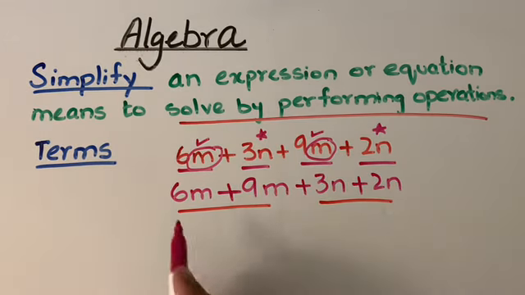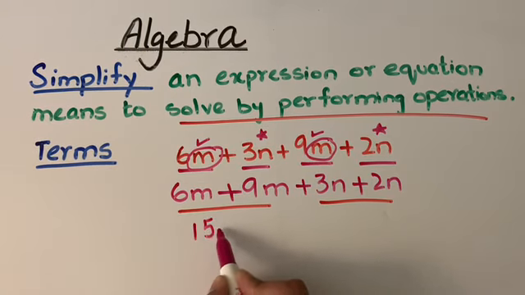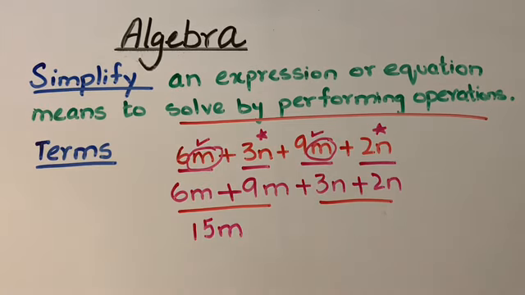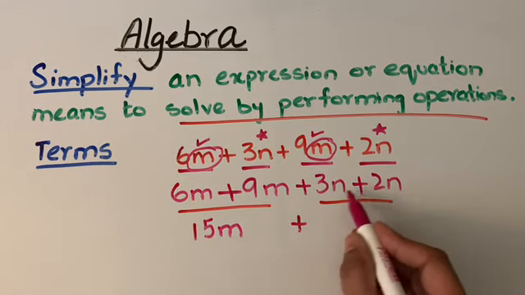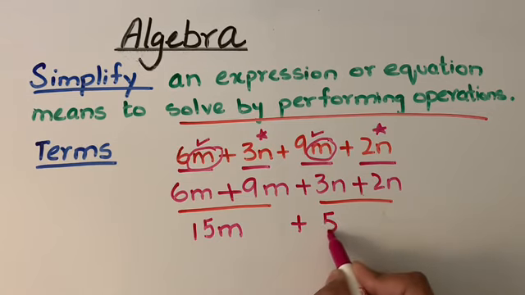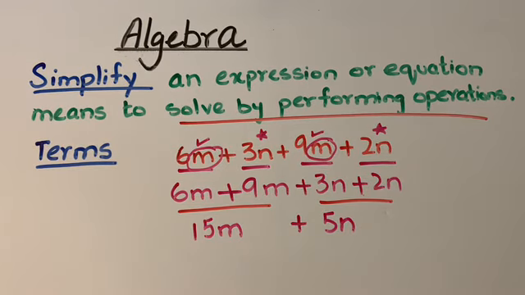So I'm going to combine them. 6 plus 9 is 15, 15 with a variable m. And here I'm going to combine these two, 3n plus 2n. 3 and 2, 5. Because n is common in both, I'm going to write n here. So this is the way to combine like terms.